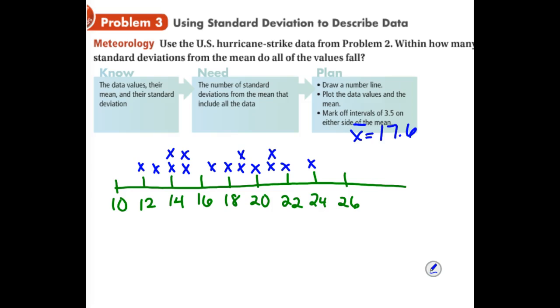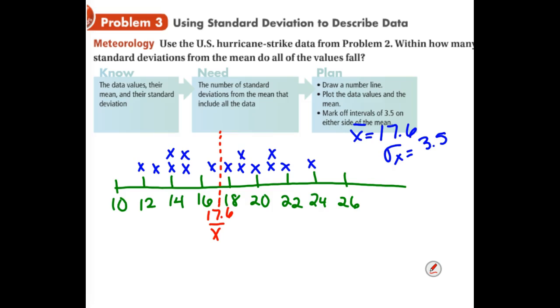All right, and what was the standard deviation? 3.5? For this type of activity, I'm fine with you just going out to tenths. What we're going to do is chop up our graph. We're going to start by dropping a line at 17.6, and I'm going to label that the average.